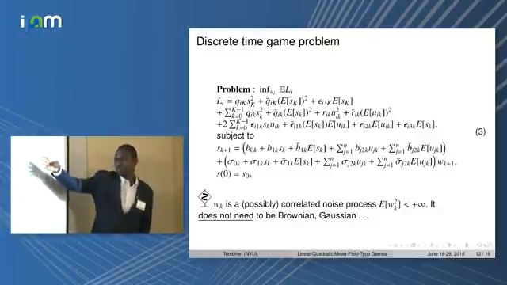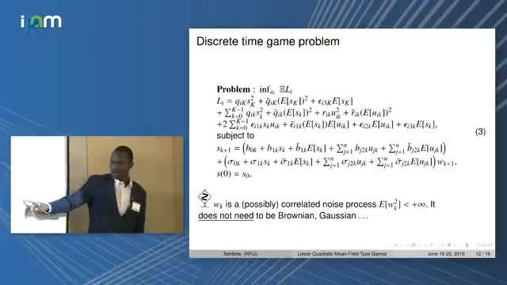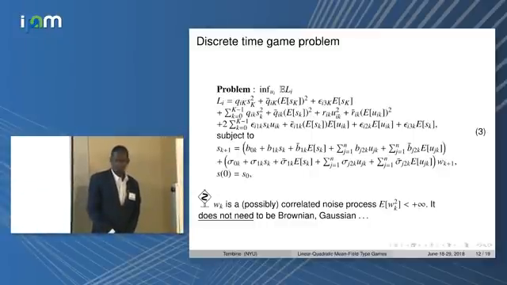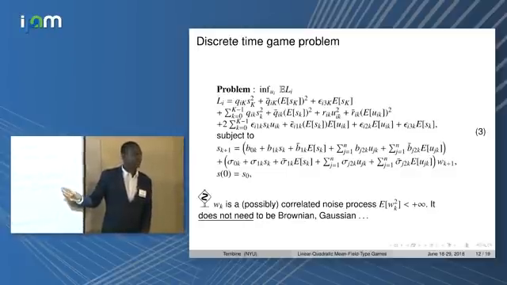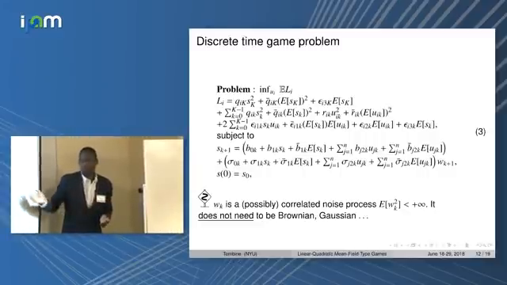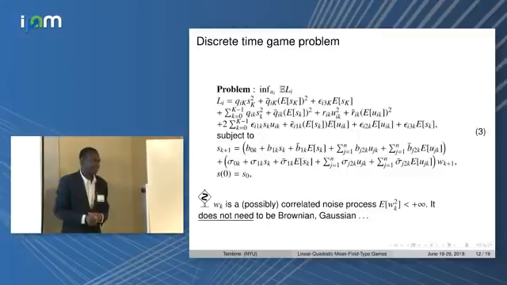Well, if it's independent, you could quickly solve it. If it's correlated with S, it's more involved, but you could still solve it if the second moment is finite. Okay? So that's the difference. In discrete time, you could solve for more general processes than just restricting to Brownian motions or Poisson. Okay, so continuous time and then discrete time.